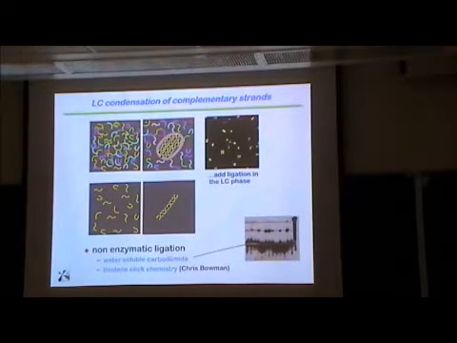If we're ligating in the isotropic phase, then we're just connecting random chains together. If we're ligating in the nematic phase, or in the columnar phase, the crystal phase, then we're connecting duplexes together. So we're starting with complementary chains and making longer complementary chains.